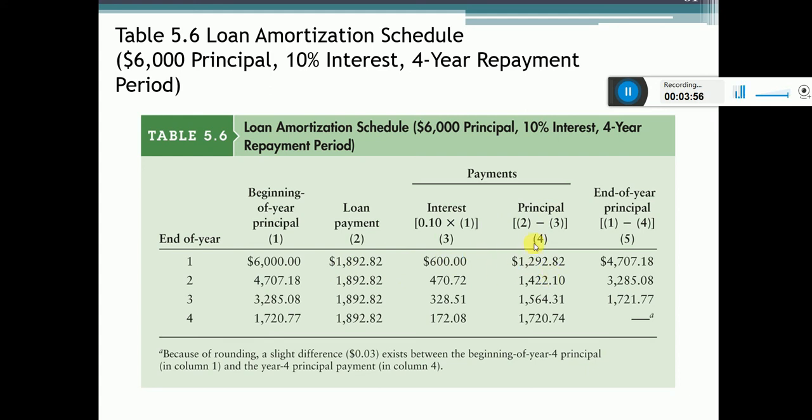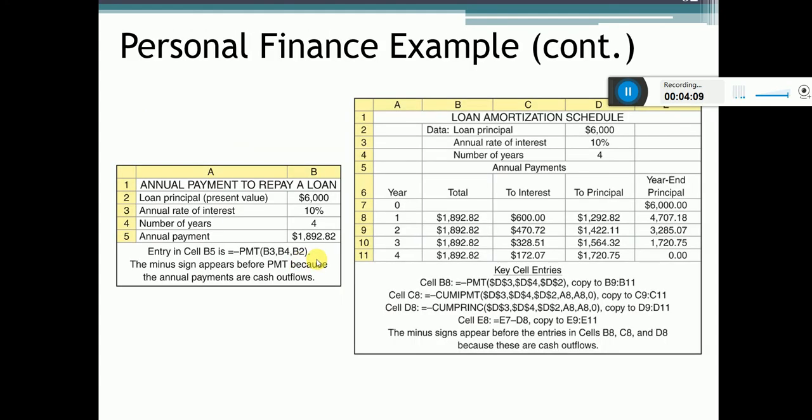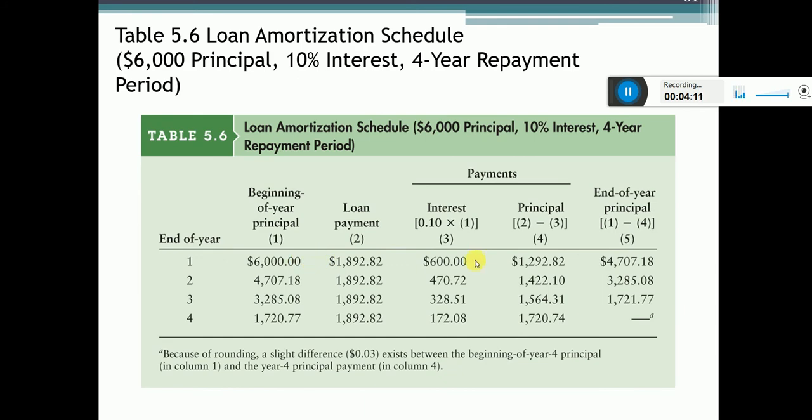If you pay off that much of the principal, you wouldn't have the 6,000 standing for the next period. Your beginning principal will be reduced by this much, so this number minus this number equals your end balance, which is lower than before.